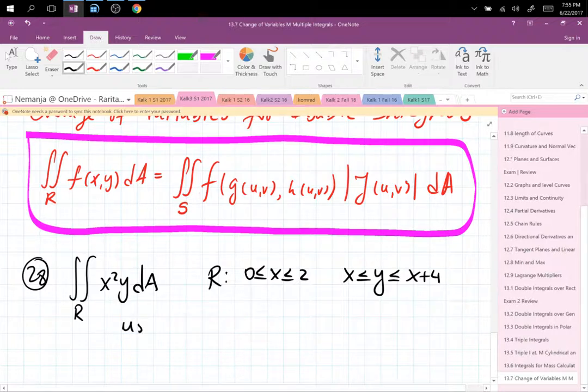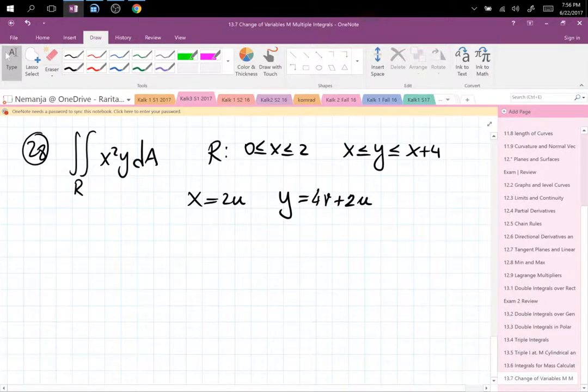And then use the transformation x equals 2u and y equals 4v plus 2u. I hope you started a new notebook. It's all right.